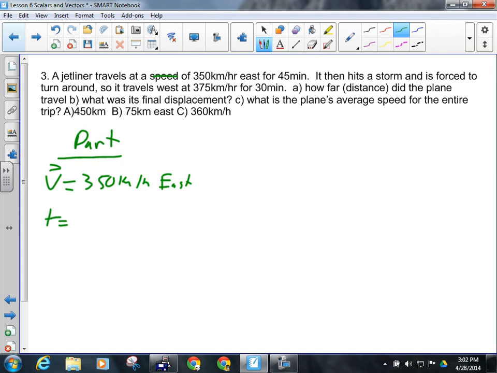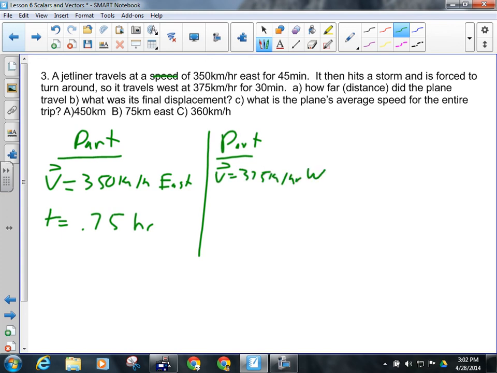Can I easily convert minutes to hours? 45 minutes is 0.75 or 3/4 of an hour. For part 2 of this trip, it travels west at 375 kilometers per hour, sorry, west for 30 minutes, which is 0.5 hours. Now all my units match, right? I've got kilometers and hours.